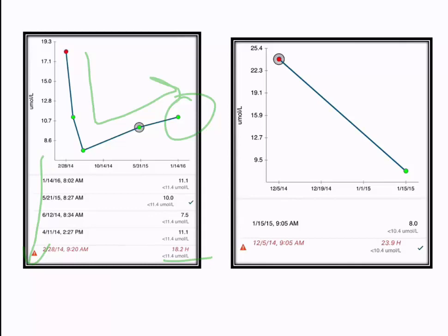This is another one of my patients. This was pretty amazing. I was actually shocked. You can see the dates down here. It's literally about 40 days. She went from 23 to 9. So this is an amazing drop when it comes to homocysteine.